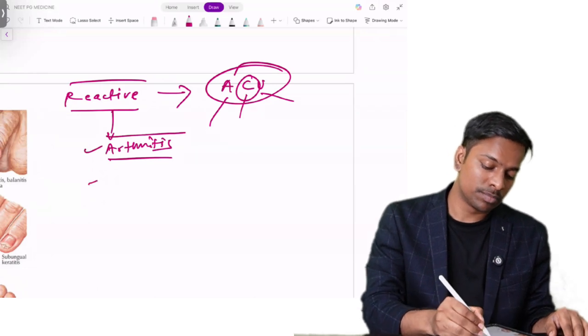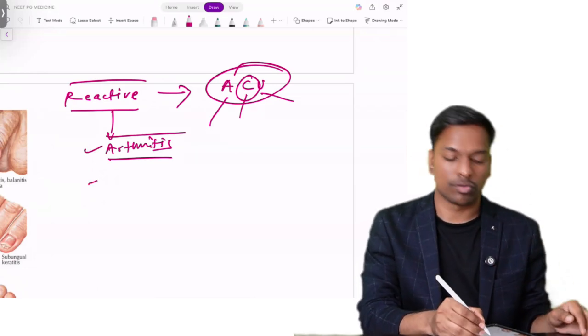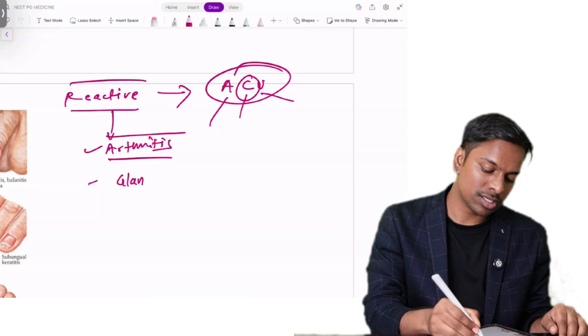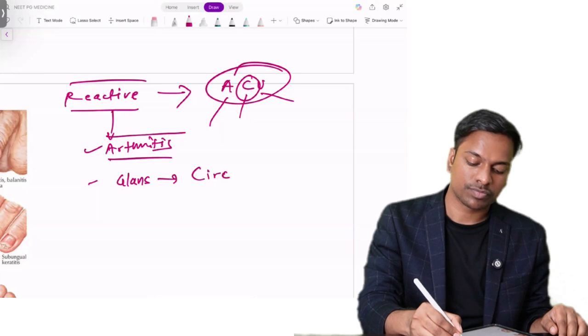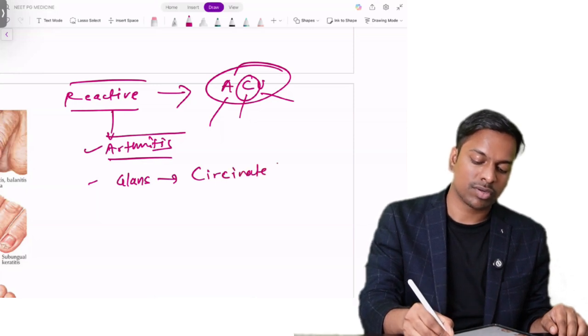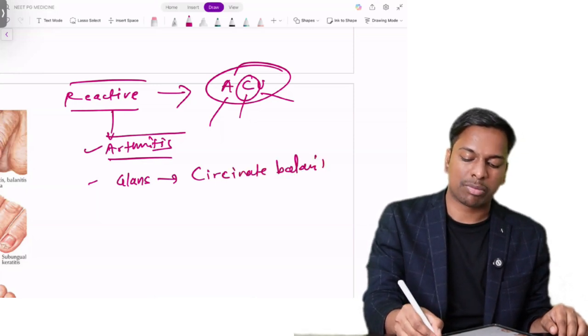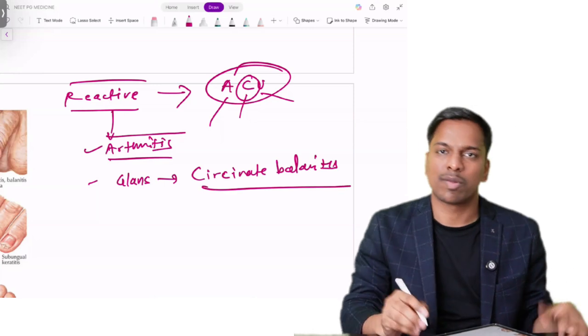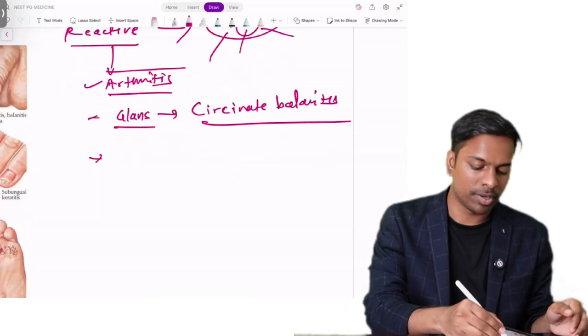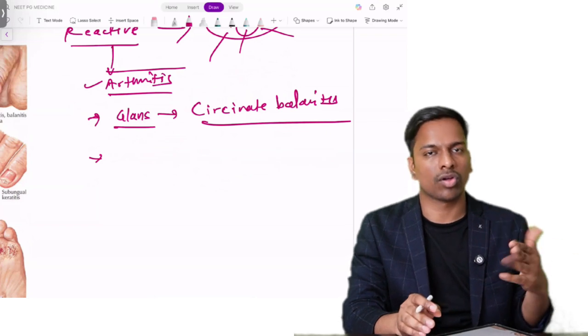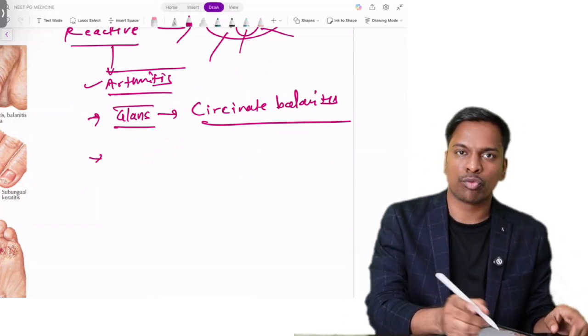Then the glans penis is involved, called balanitis, or balanitis circinata. It depends on the language. So the glans is involved and arthritis occurs.